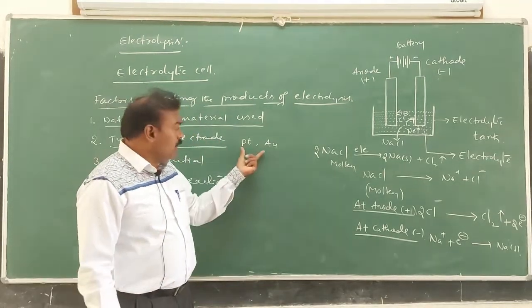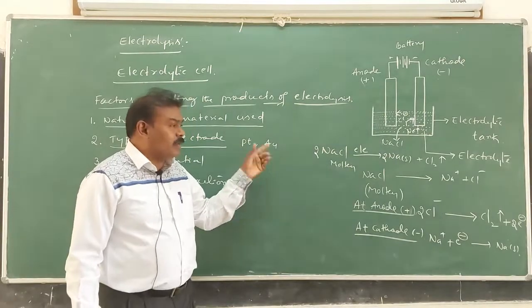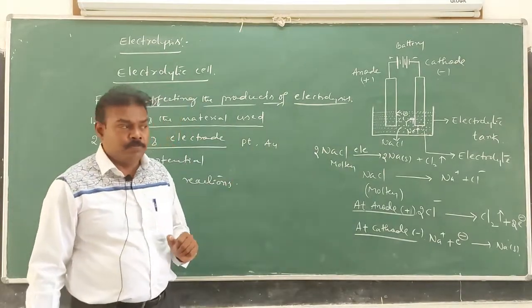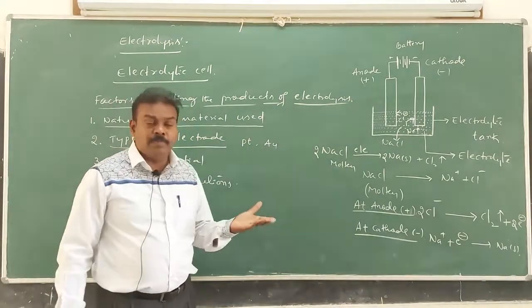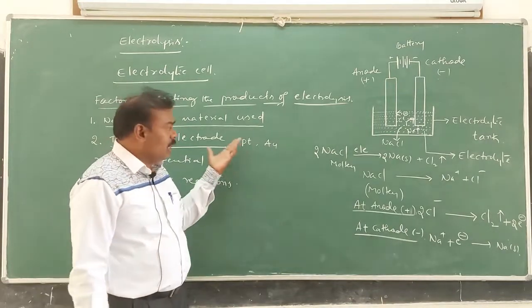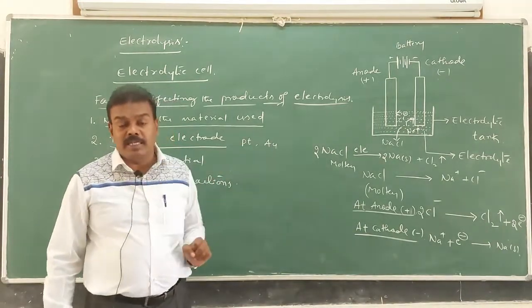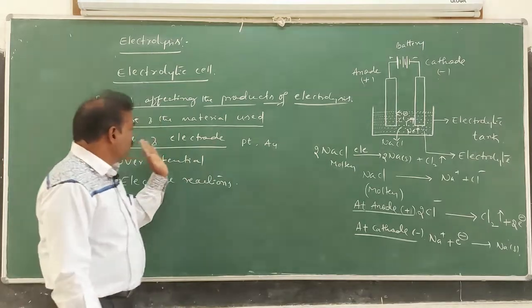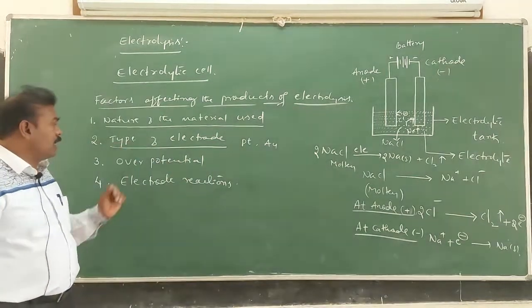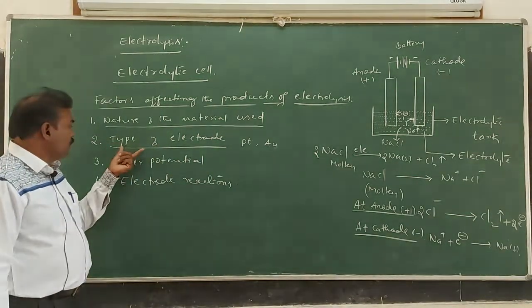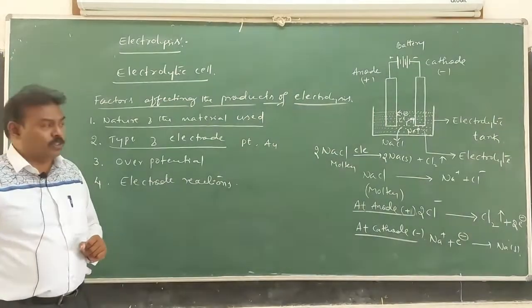Inert electrodes like platinum or gold do not take part in the reaction. Active electrodes like magnesium, sodium or copper take part in the reaction. So the products formed during electrolysis depend upon the type of electrodes used.